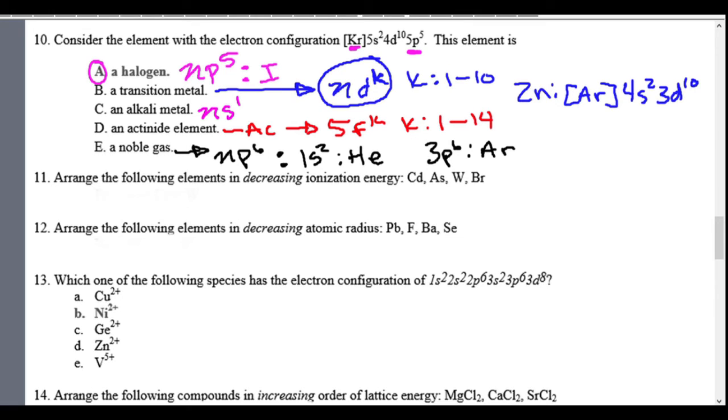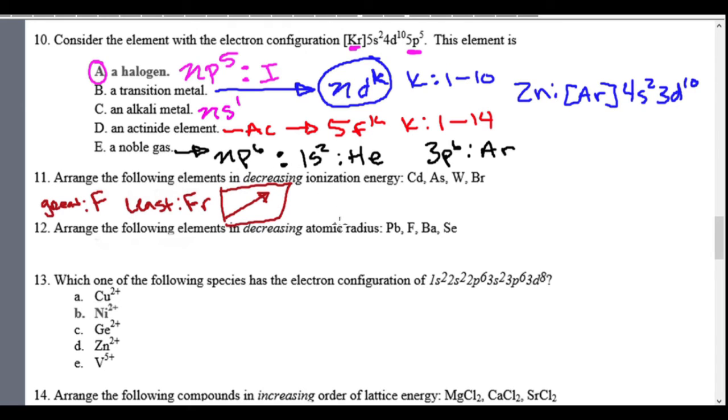Decreasing ionization energy. Ionization energy is going to be the greatest at fluorine and the least at francium, so I look at fluorine and francium for comparison. It increases like this if this was the periodic table.